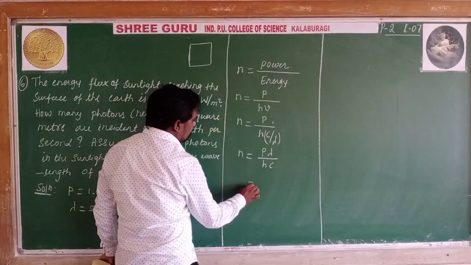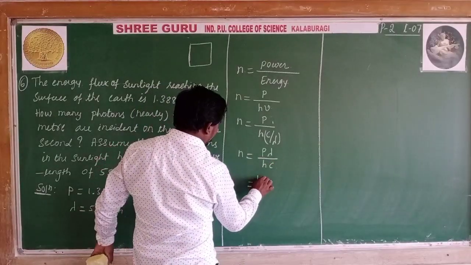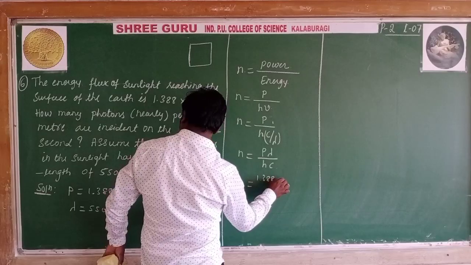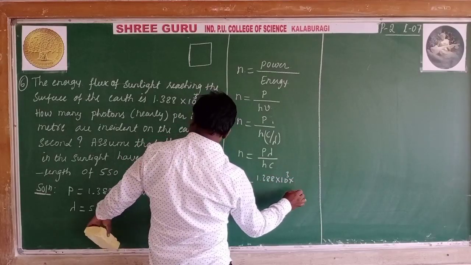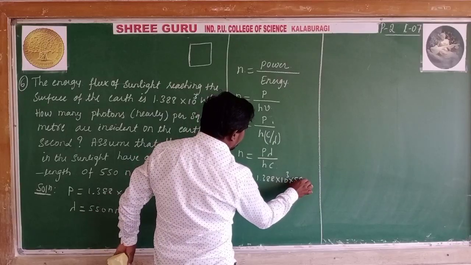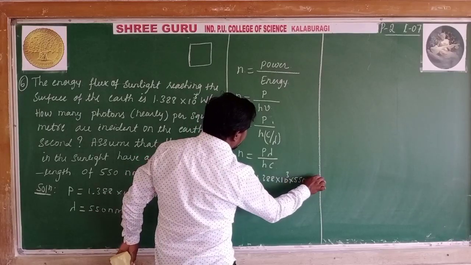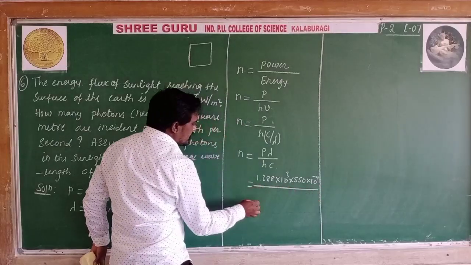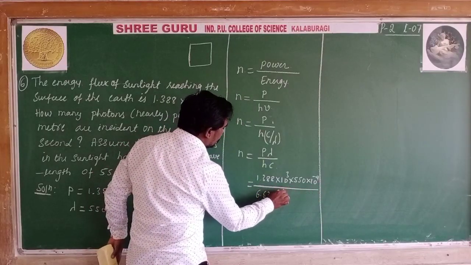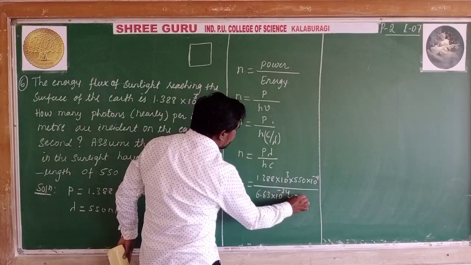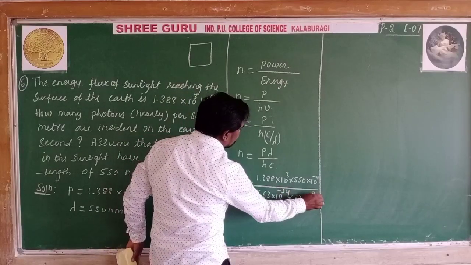We know the power value 1.388 into 10 to the power 3, into lambda is 550 nano, means 10 raised to minus 9, and h value is 6.63 into 10 raised to minus 34, and c value is 3 into 10 to the power 8.